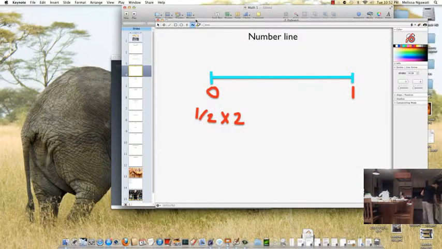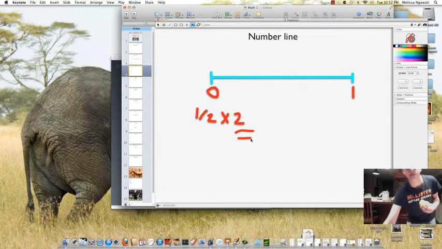First, we must cut. We must first have 2 halves, because as we can see, here we have 2 halves. So we have 1/2 and 2 halves.